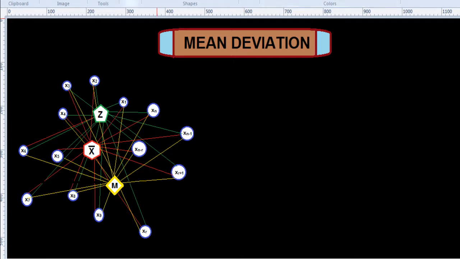Here we take the deviation from x1 to x bar.